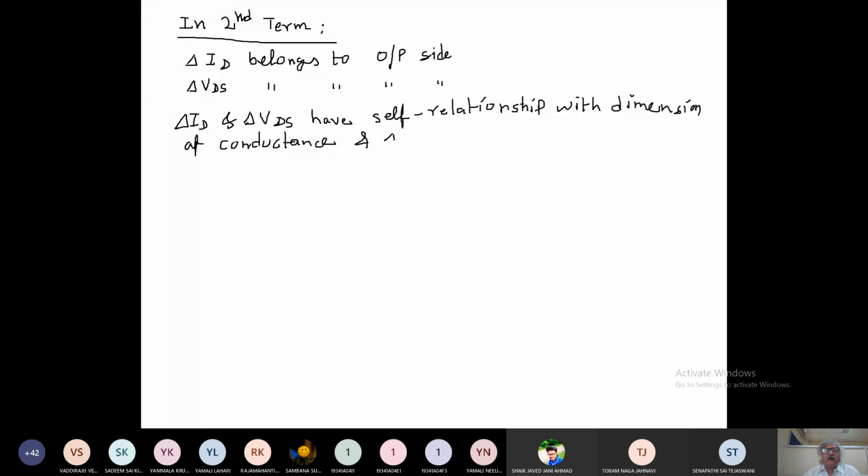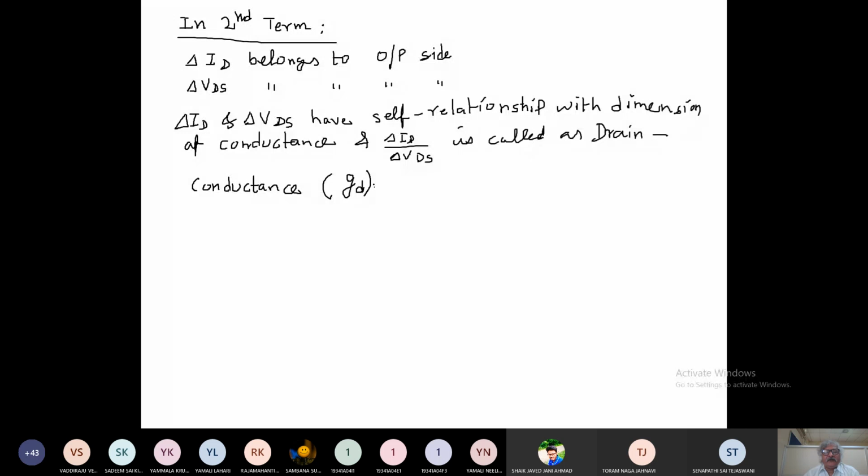And delta ID by delta VDS is called drain conductance, because both are at the drain side, and it is represented by GD.